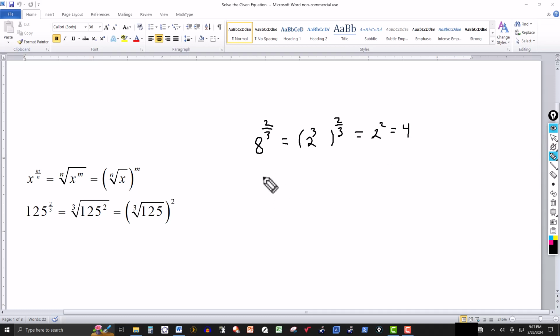I could also write this as the cube root of 8 squared. And 8 squared is equal to 64. And 3 factors of 4 will be 64, so the cube root of 64 is 4.